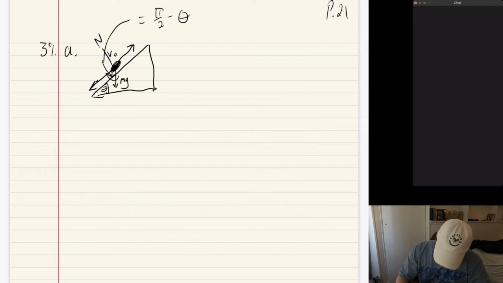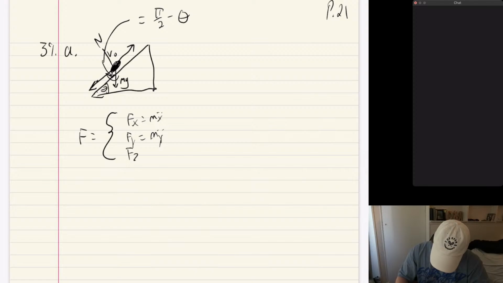Okay, so let's just look at our forces. I think that's easiest. So we have F of x equal to m x double dot, F of y equal to m y double dot, and then F of z, which is equal to 0, because there's just nothing there. There's no motion in the y direction.